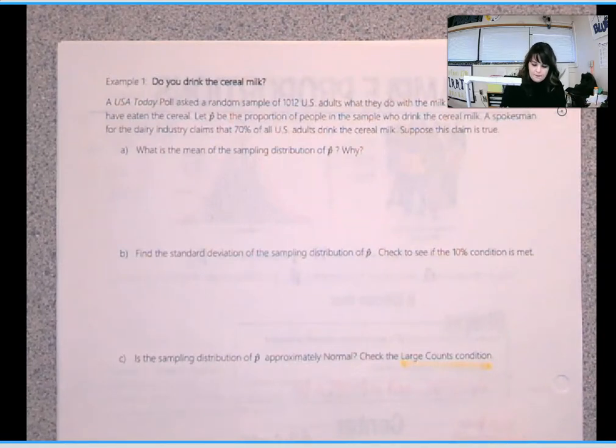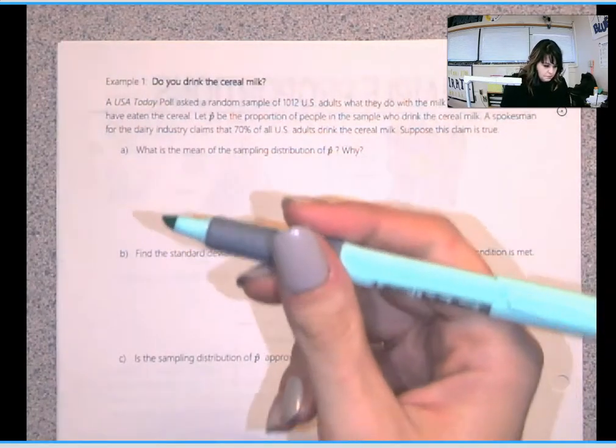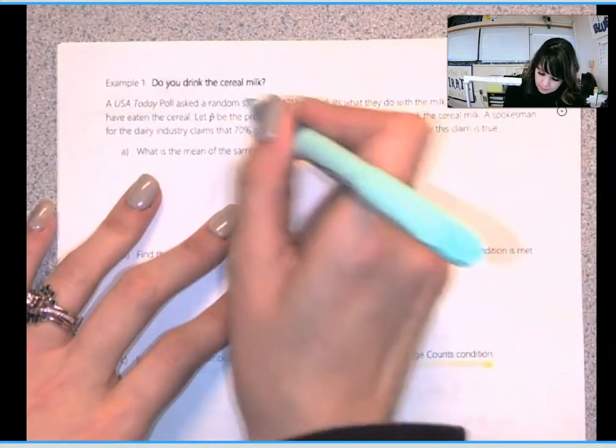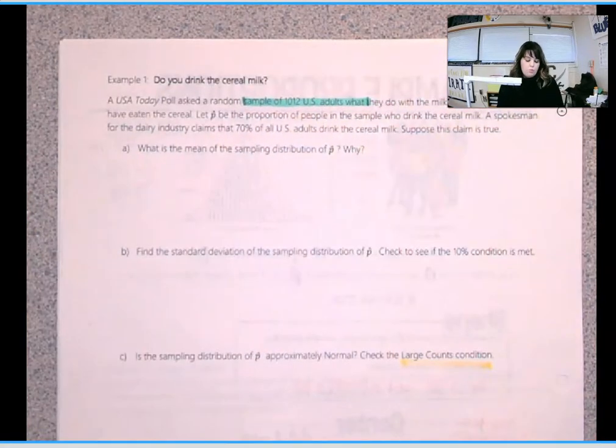So, do you drink the cereal milk? A USA Today poll asked a random sample of 1,012 U.S. adults what they do with the milk in the bowl after they have eaten cereal. So I'm going to grab a highlighter and I'm going to start highlighting things. So a random sample of 1,012 U.S. adults. Let p hat be the proportion of people in the sample who drink the cereal milk.